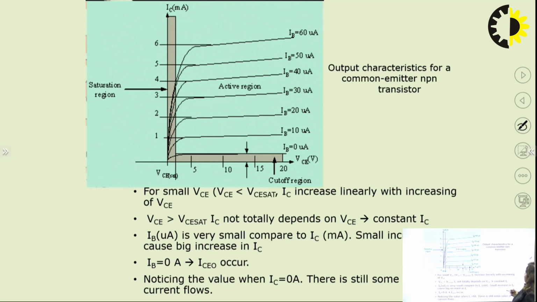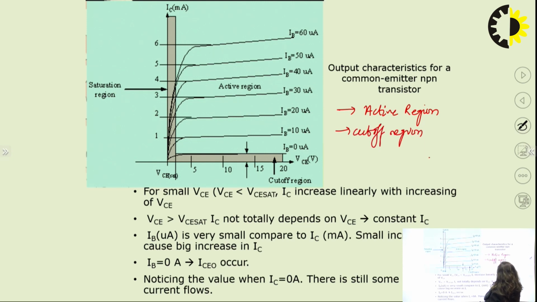So now the output characteristic for a common emitter NPN transistor. Here we have 3 regions again. We have already discussed them: the first region is the active region, the second region is the cutoff region, and the third region is the saturation region.